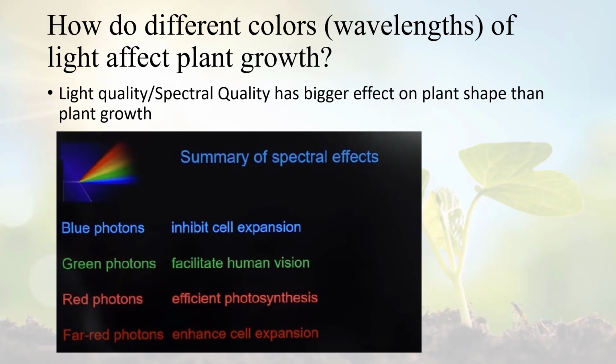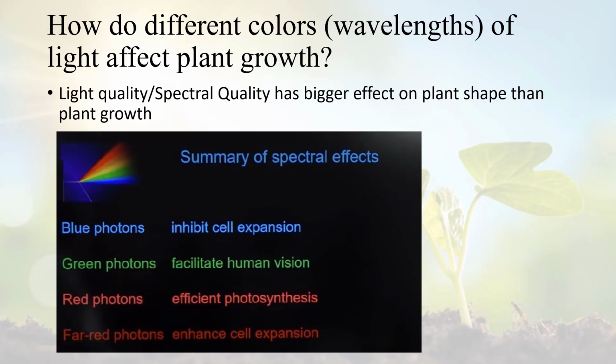So that brings us to the last part of this lecture, which is how do different colors or wavelengths of light affect plant growth? We know that these entire wavelengths are important for photosynthesis. They're all utilized in that PAR range. Well, are there specific effects of specific colors of light?